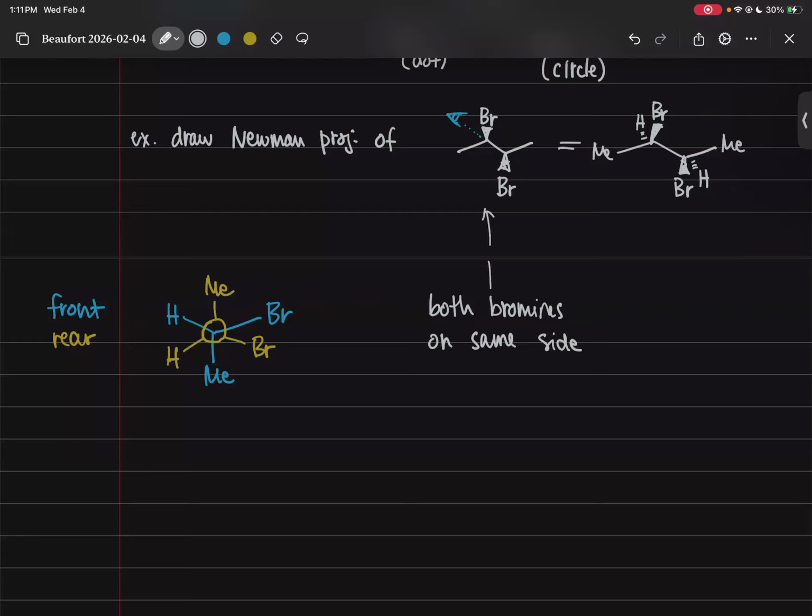The two bromines are also on the same side of the molecule. If you see two things on wedges right next to each other in the skeletal structure, and you draw a Newman projection and suddenly they're 10 miles away from each other, that should be a red flag that maybe you need to check either your physical model or the model you've made in your head and make sure you've got the right orientation of things.